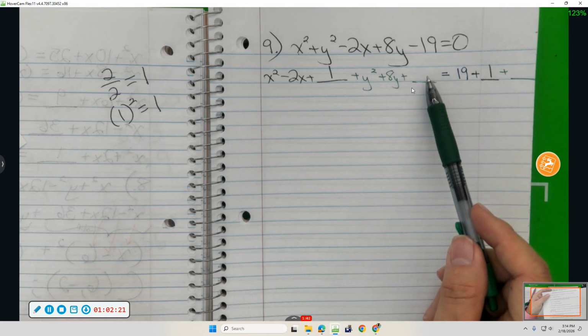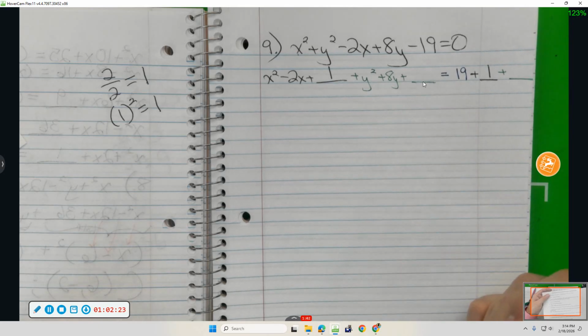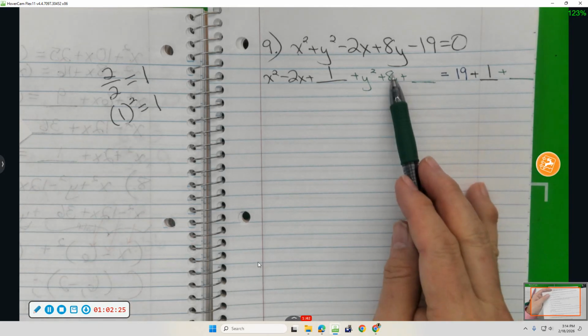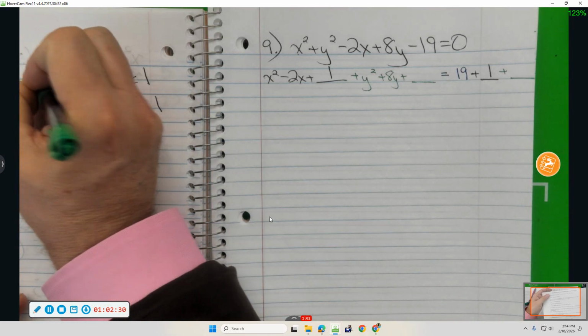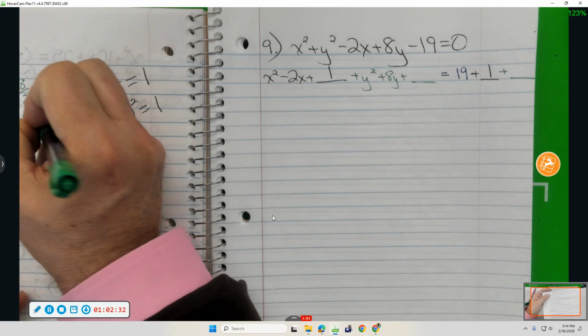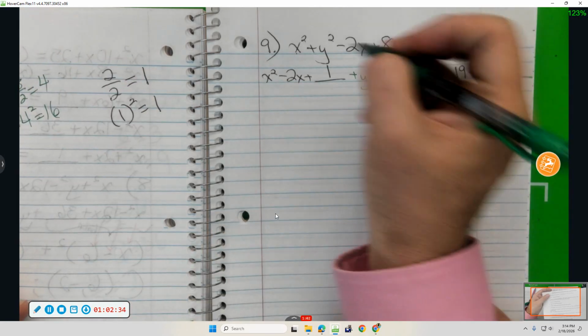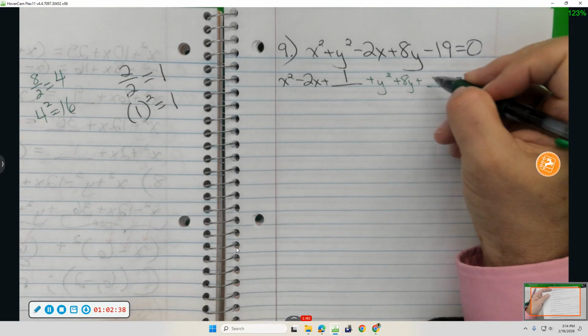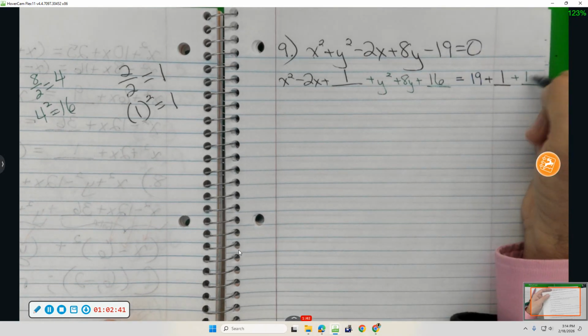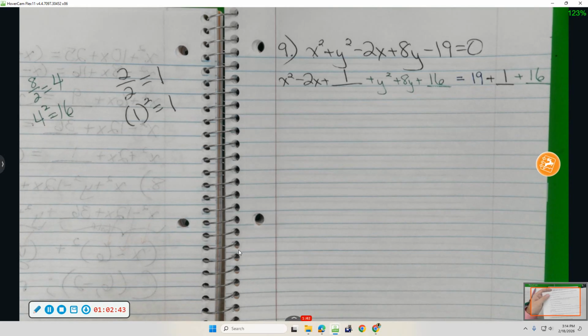What number are we going to add into the green blank? 16, I agree. You take half of 8. 8 divided by 2 is 4. 4 squared is 16. So we add 16 to the left, and we add 16 to the right.